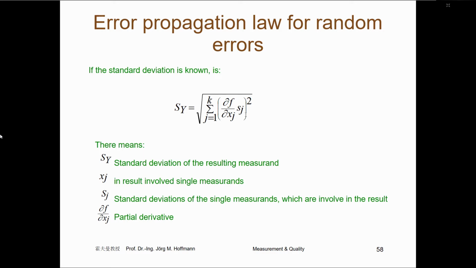When you, for example, calculate the volume of a body, then you have 3 length measurements, and you measure the length, let me say with a ruler, then you have as an error plus minus a half of the resolution, plus minus a half of 1 millimeter in this case. And this is not a standard deviation.